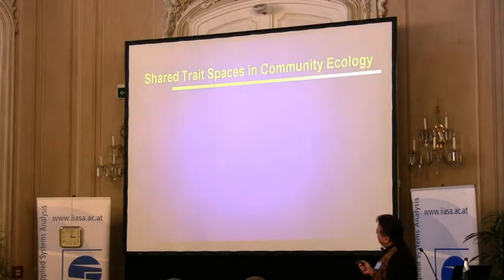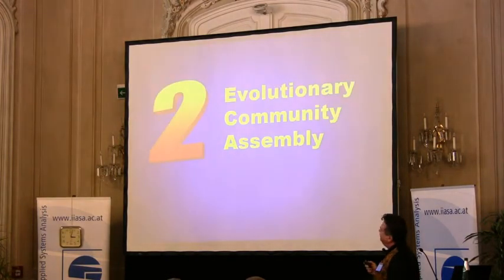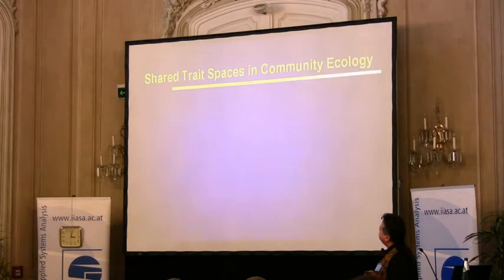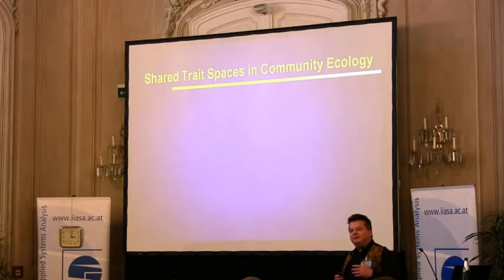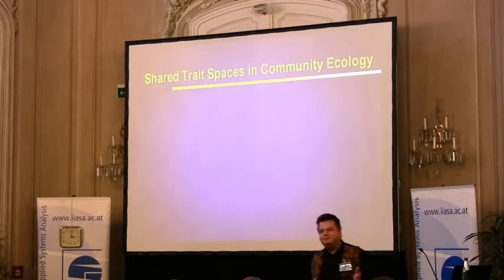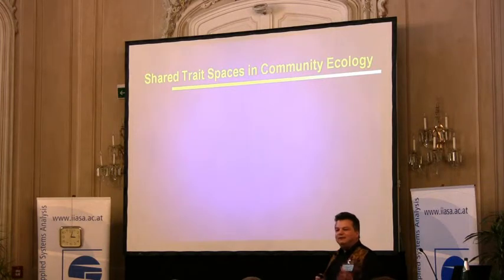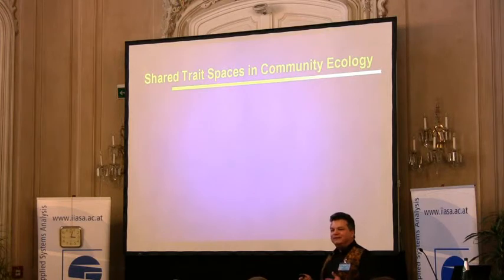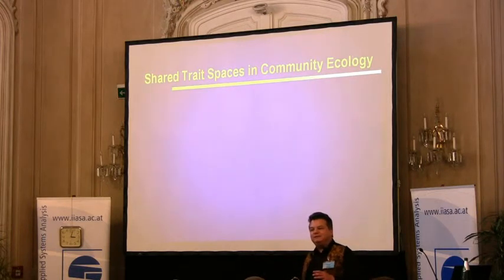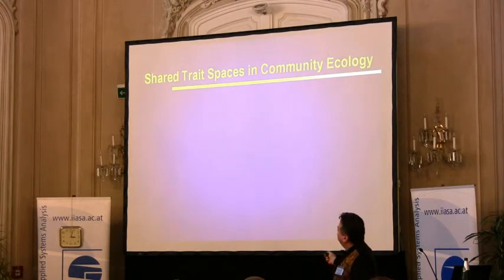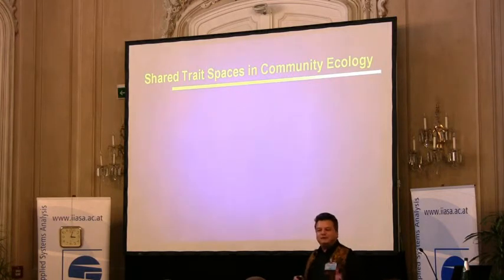Okay, now the second part, evolutionary community assembly, much shorter. And I would like to start with drawing your attention to one thing that might be regarded as a paradigm shift in community ecology. And that is the shift from cataloging the unfathomable, I would say, complexity and diversity of species by constructing shared trait spaces, by focusing on so-called functional traits.